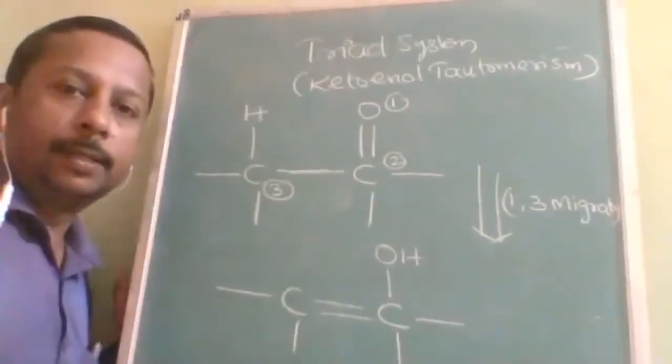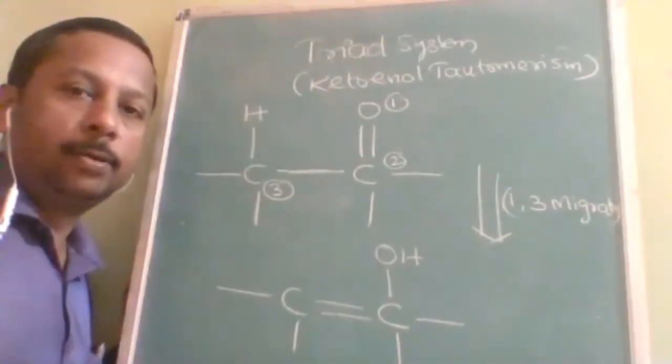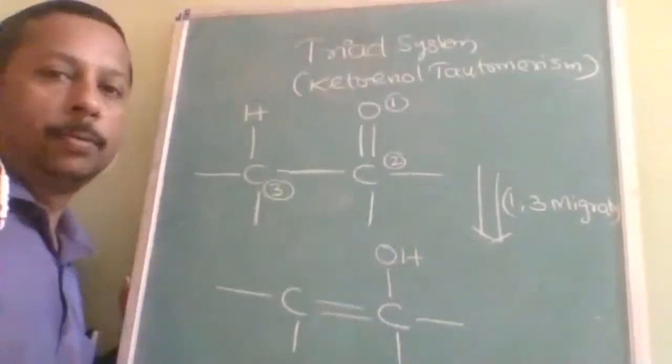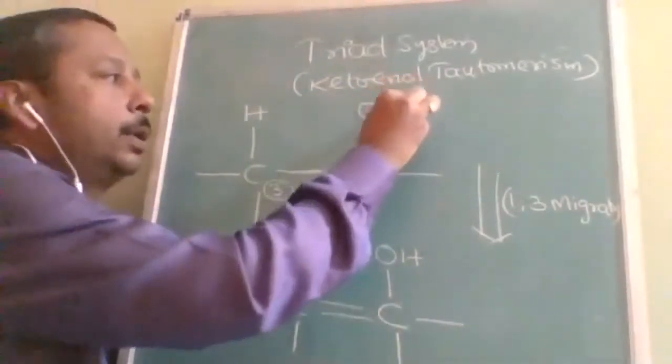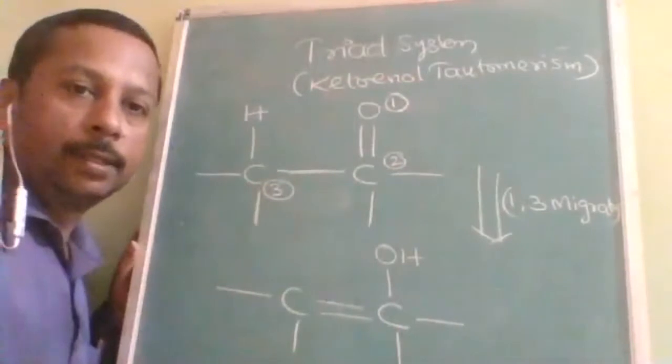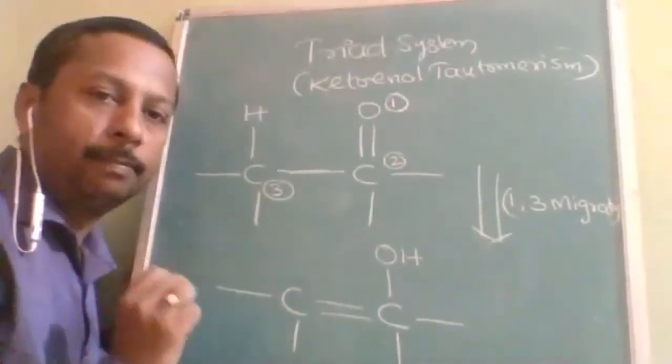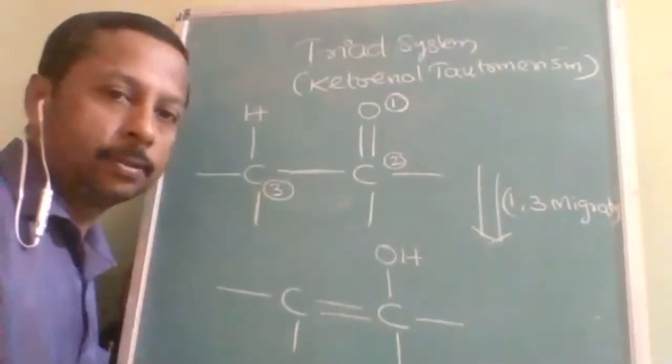Now let us see the mechanism, how keto-enol tautomerism works, and why it is called keto-enol tautomerism, why it is called a triad system, why it is called 1,3 migration. Everything is explained here with two simple, beautiful diagrams.